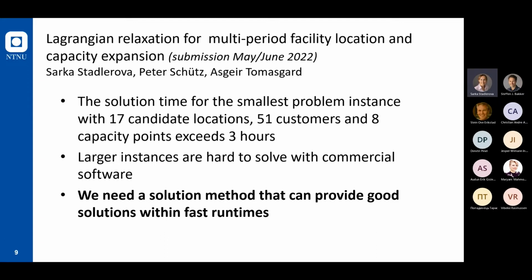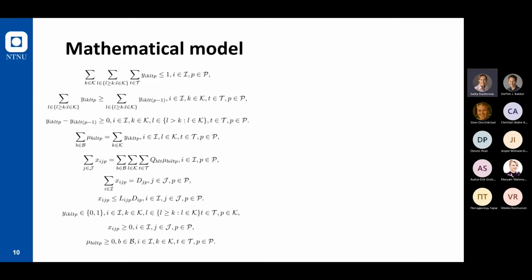It's the Lagrangian relaxation for the multi-period facility location and capacity expansion. Here is our mathematical model. I won't go through it equation by equation. The important one is here, our demand requirement, that all demand must be satisfied.